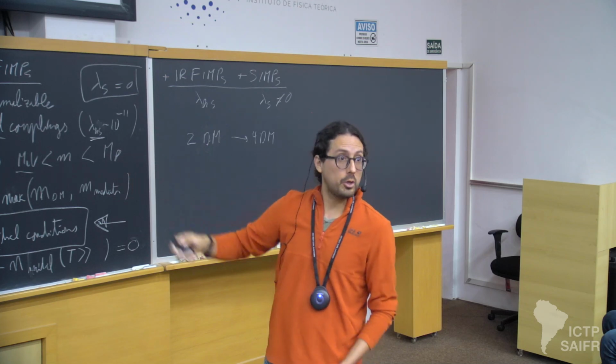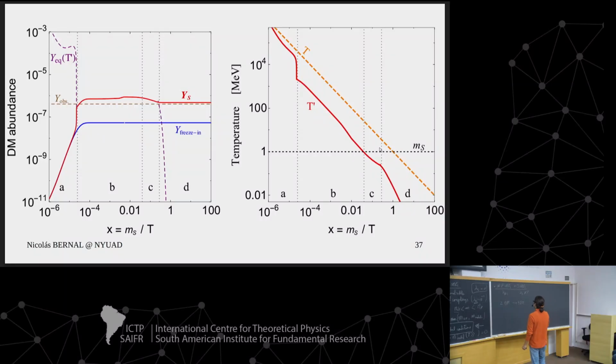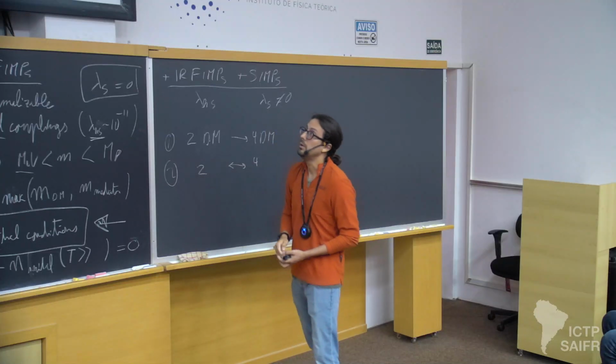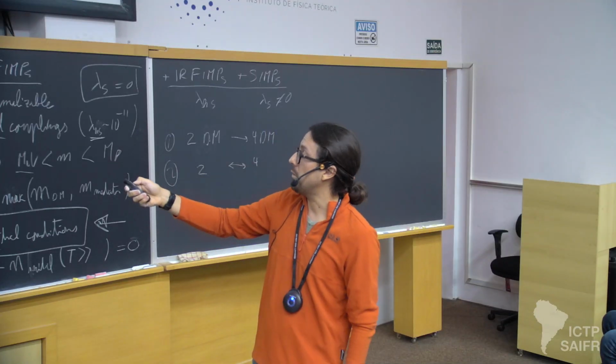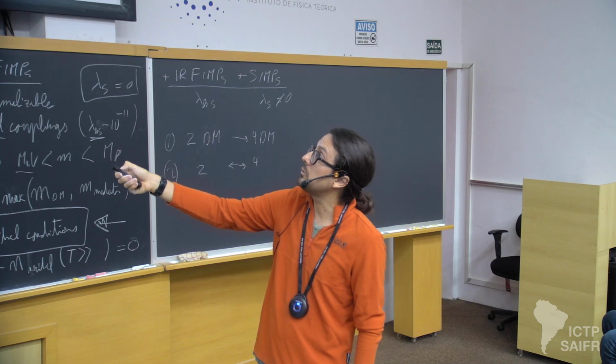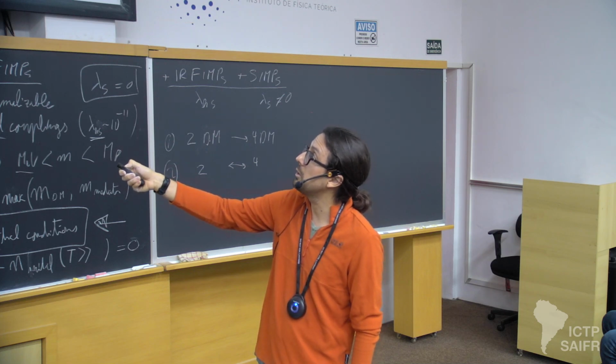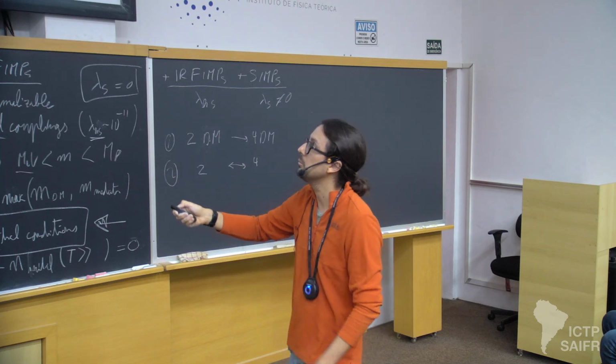And at some point, you thermalize. Thermalization: these reactions happen at the same rate, 2 to 4 and 4 to 2. And that is exactly the WIMP-like mechanism. You have a plateau because dark matter is relativistic. This wiggle is because of the change of relativistic degrees of freedom, it doesn't matter.